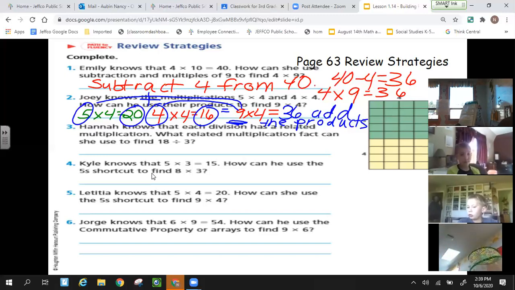Try again. Not quite. So what's the multiplication? What is the inverse of that? You got it. Not divided by 3.